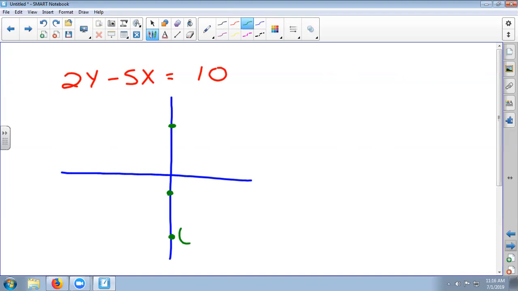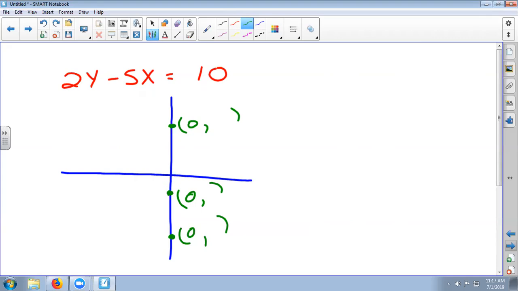What's the y value? I don't know. What's the x value? The x value is 0 because we went left or right 0. So on the y-intercept, the x value will always be 0.